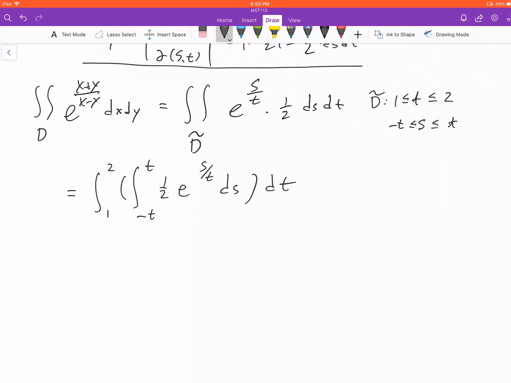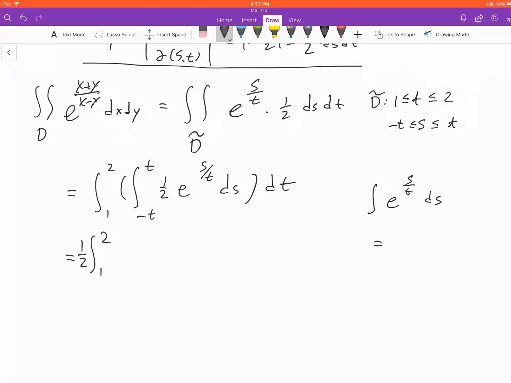Let's finish this computation to see if it's possible to get the value. Our 1/2 can go to the front, and we integrate e to the s over t. Now remember, we need to use simple integration by substitution.